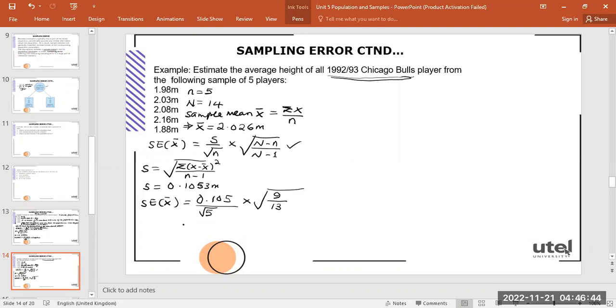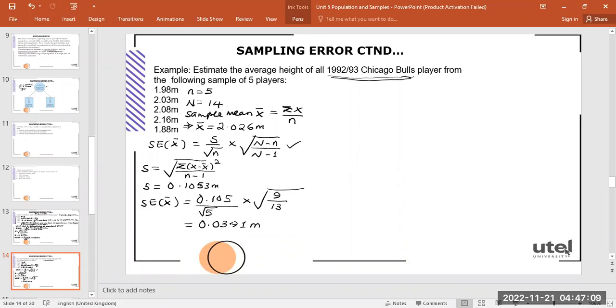And if you do the maths, you should have that your standard error is 0.0391 meter. Now, I want you to take note that the standard error for the infinite population is 0.047 meter, while in the case of a finite population it is 0.0391 meters.